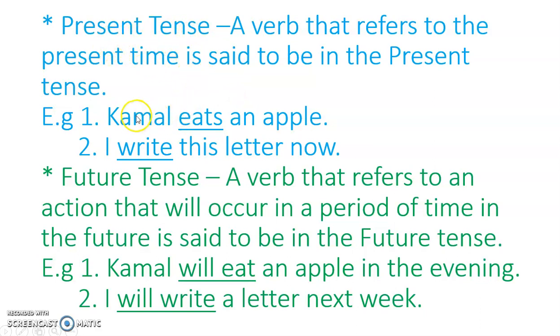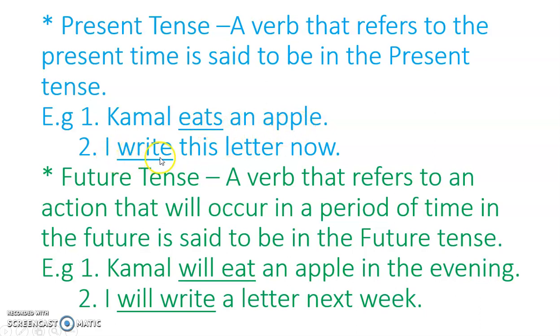Here again, I have given two examples. Same example, only the tenses are different here. Kamal eats an apple. Here, at present time, the action has been performed in the present time. So I have given here, Kamal eats an apple.